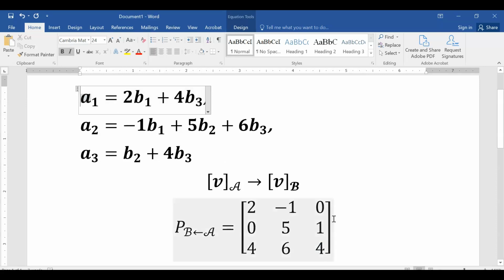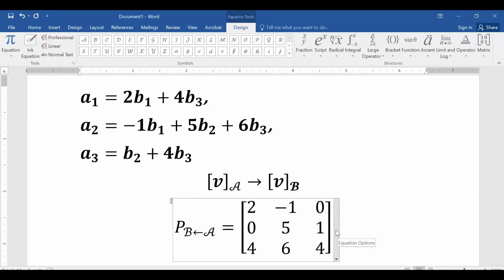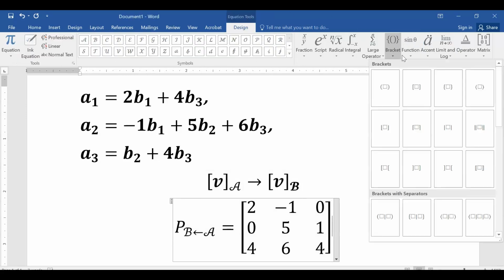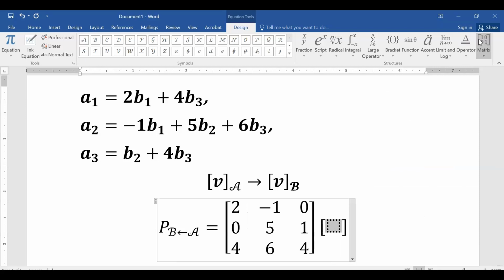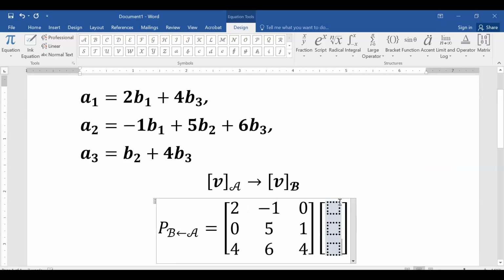Well, with respect to A, the coordinate vector would have been 1, 0, 0.